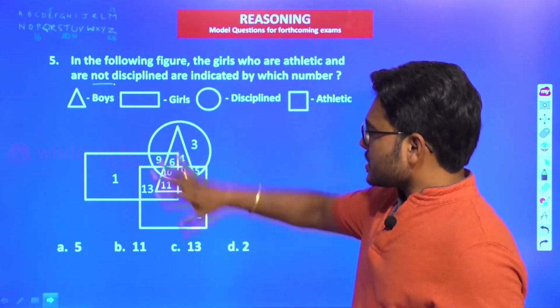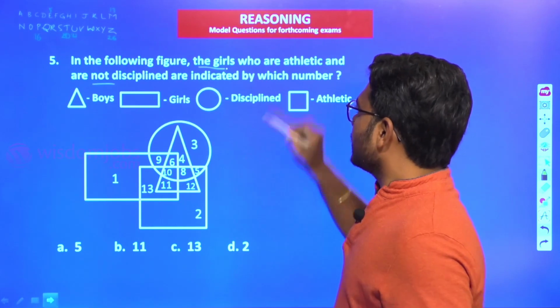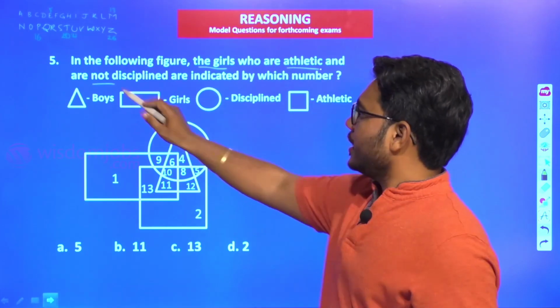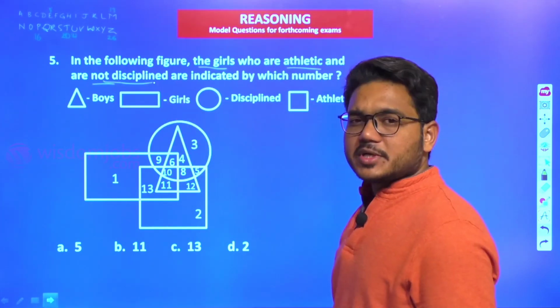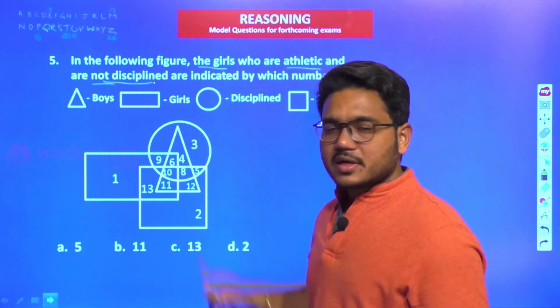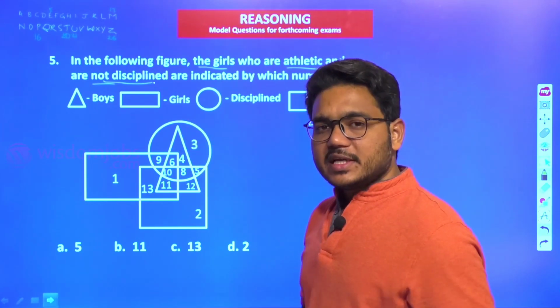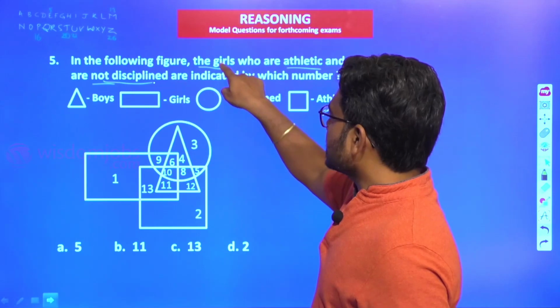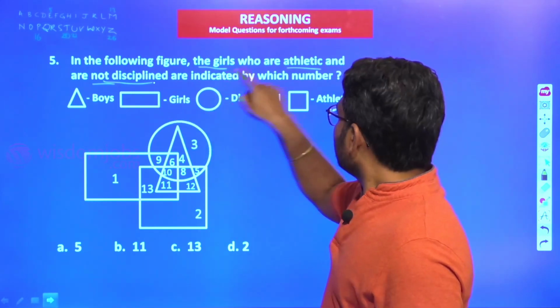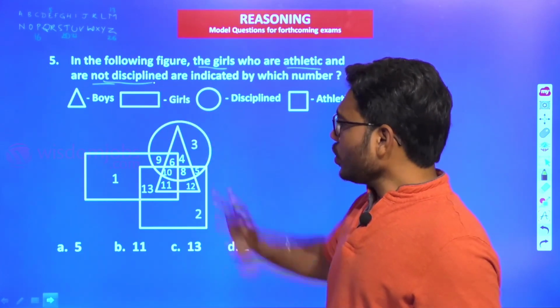In this, you need to identify the area in which the girls who are athletic and not disciplined, and girls indicate rectangle. So we need to identify the area which is common. Girls means rectangle, athletic means square, and not disciplined.